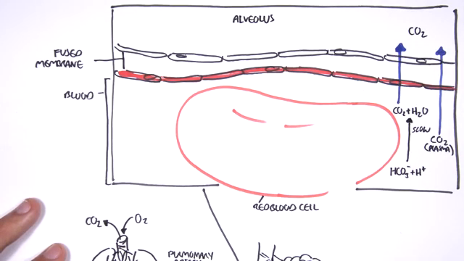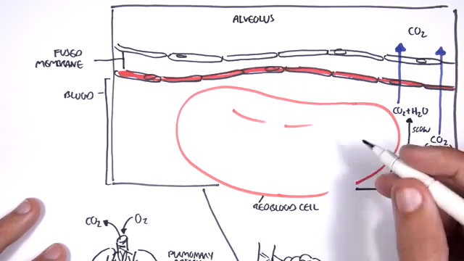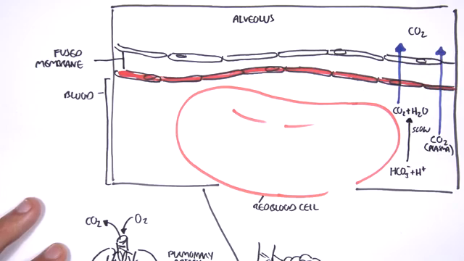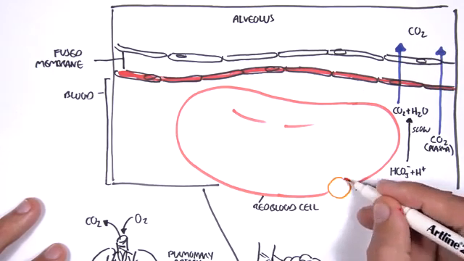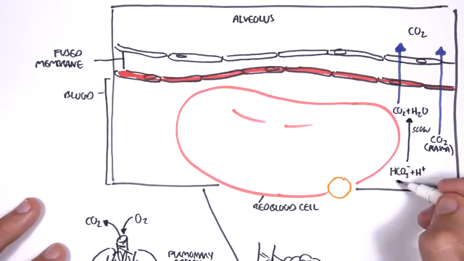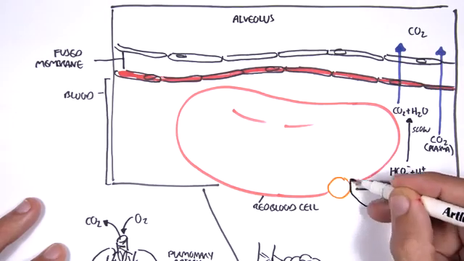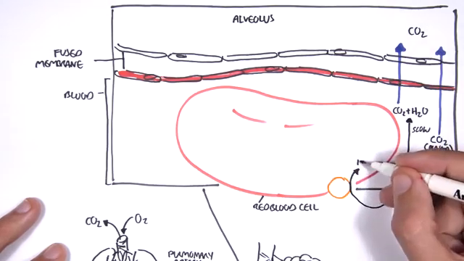Of course, some of this, actually a lot of it, or however much of this bicarbonate in plasma can enter the red blood cells through a transporter, which will bring out chloride ion in exchange.